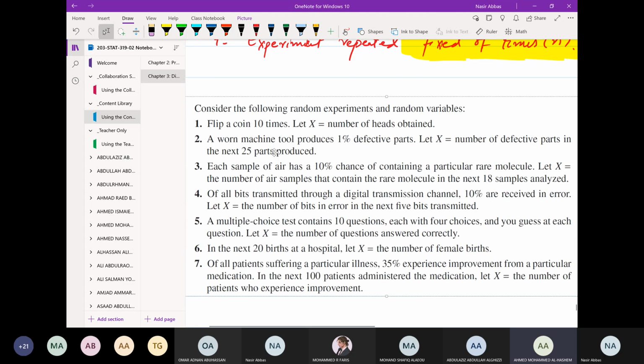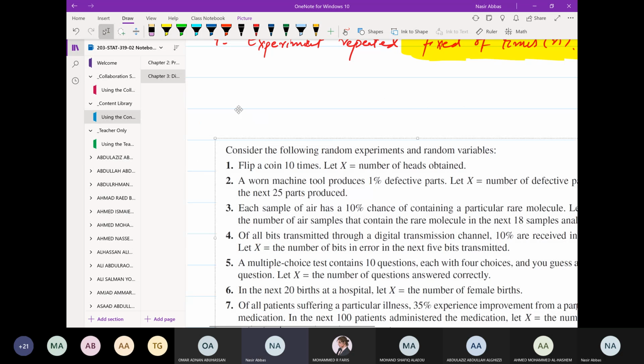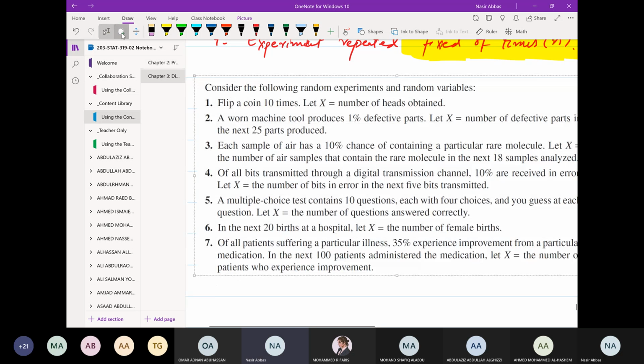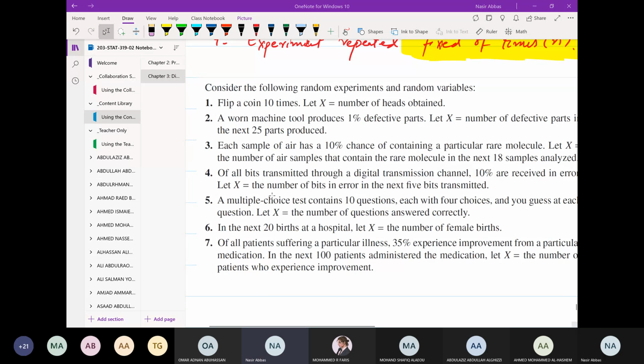No, draw, go up. Lasso select. No, this is not working. Let me go to picture.